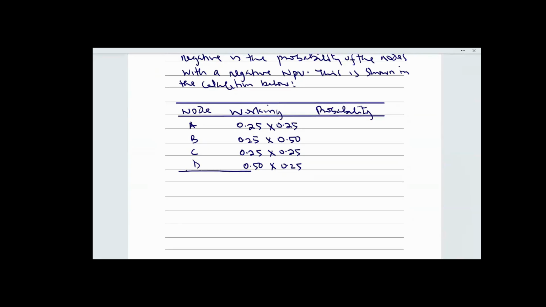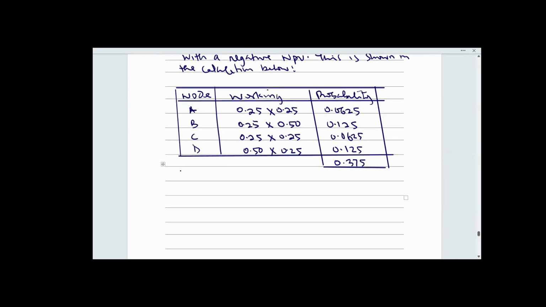The first one, 0.0625. 0.0625, 0.125, 0.0625, then 0.125. Add it up: 25 plus 12.5. That's 0.375.